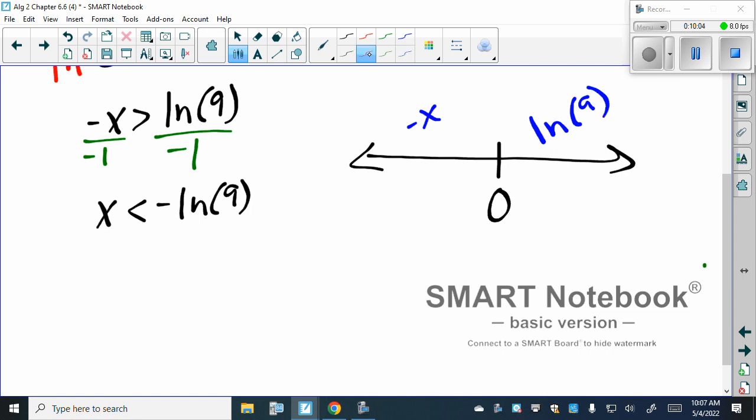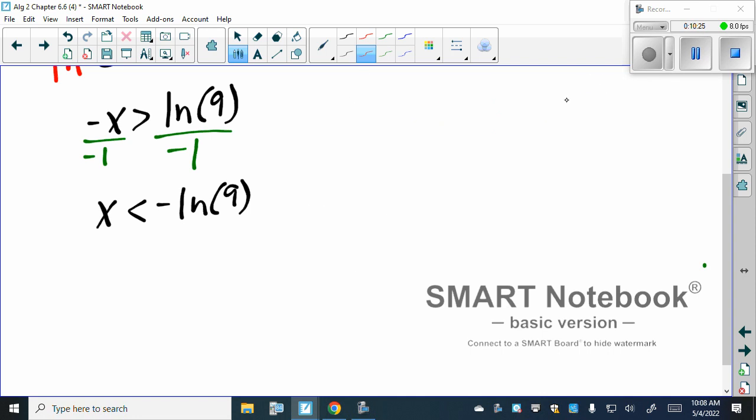I have what? So it's over here. ln of 9 is now over here. So if we said this was the inequality to begin with, it's got to flip accordingly. Does that kind of make sense? For the most part, it's a crude way to explain it, but we got to flip it.